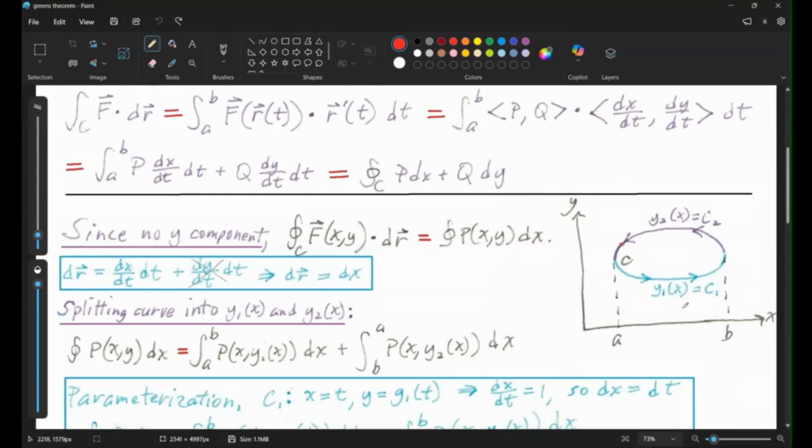And then later we're going to do one with only the y component, all the y components of all the vectors. And then when we put the whole thing together, nothing is left out, and we have all the components of all the vectors, and we have a complete integral of a vector field. But if we just look at the x component, we can do some cool things.